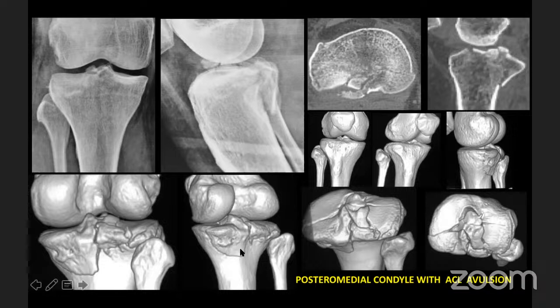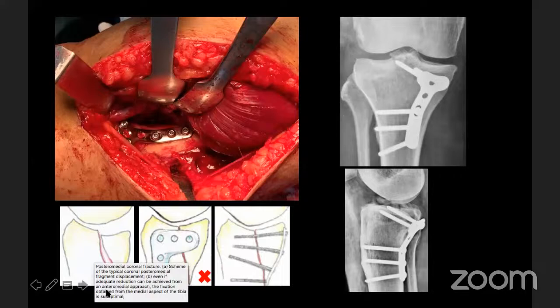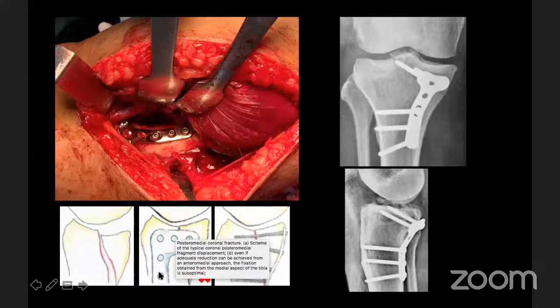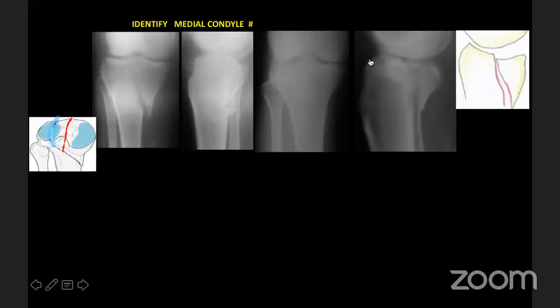So this was the situation. I applied a posteromedial approach and put a plate like that. In this fracture, a lateral plate or medial plate doesn't work. Only a posterior plate works. Now, we have to identify the medial condyle, where it is. Both are medial condyle fractures, but this is sagittal plane and this is coronal plane.